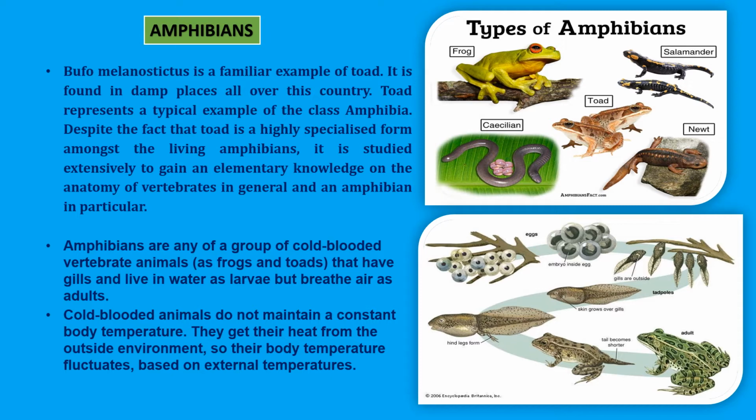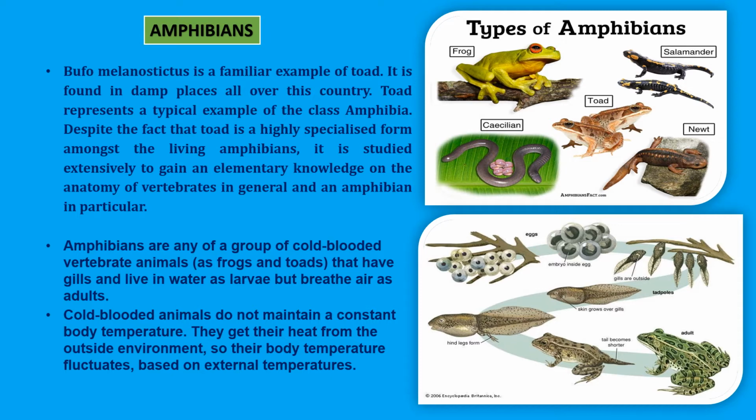Now my question is, what is amphibia? Amphibia is any of a group of cold-blooded vertebrate animals, such as frogs and toads, that have gills and live in water as larvae but breathe air as adults. That means this type of animal has two phases in its life cycle. One is the larval stage, when they respire by gills, and another is the adult stage.